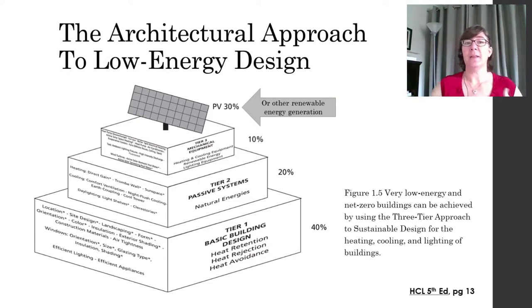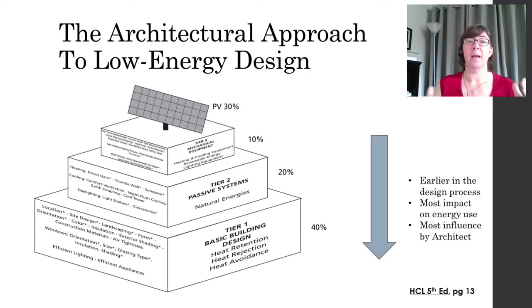Every building you design is going to include all three tiers. But as an architect, we're going to have the most influence in tier one, the basic building design, and by things like building location, orientation, basic building elements such as the windows and the walls.